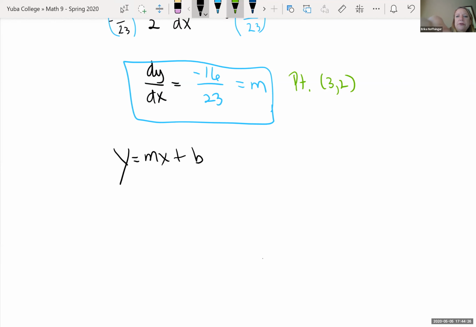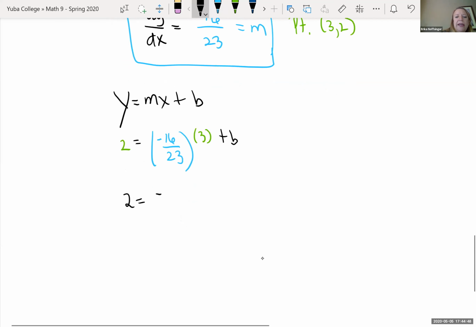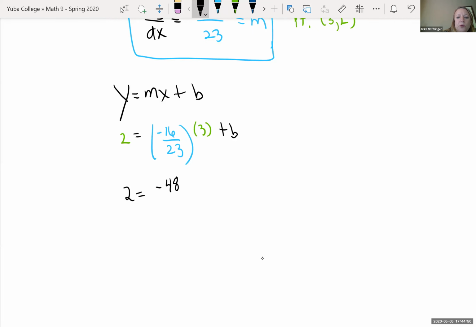So our y value is 2, is equal to our slope, which is negative 16 over 23, times x, which is 3, plus b. So we get 2 is equal to negative, well, 3 times 16 is 48, so negative 48 over 23, plus b. Notice I'm going to need a common denominator when I get b by itself.